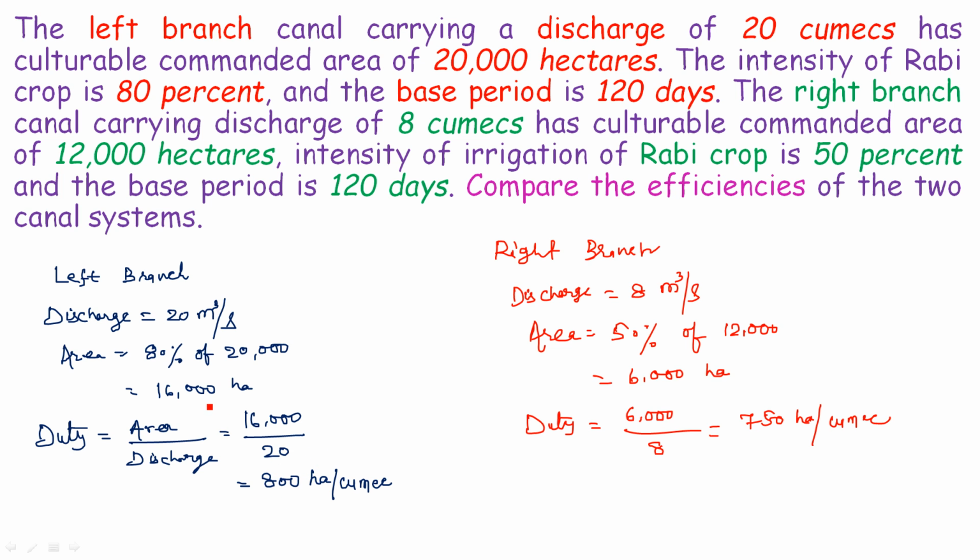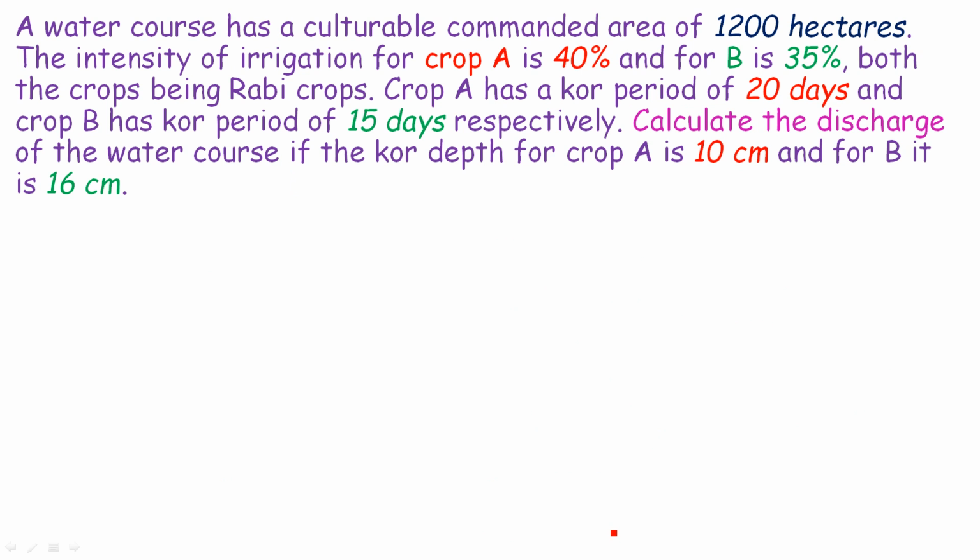So we can say that since 800 is greater than 750, the efficiency of the left branch is greater than the efficiency of the right branch canal. Okay, so this was the solution and a very simple question. So now let's proceed to the next question.